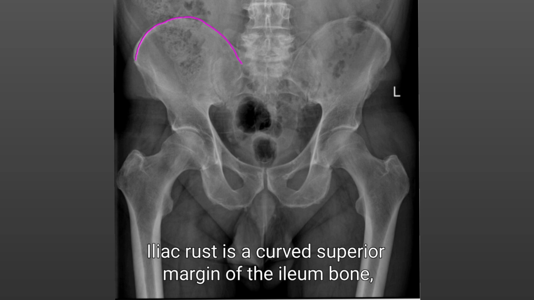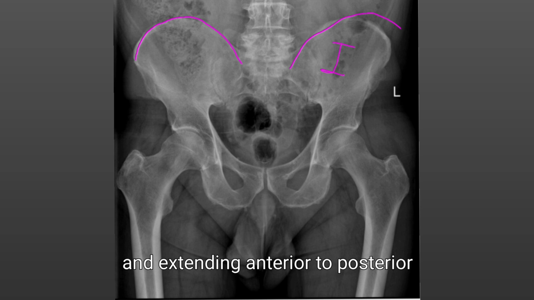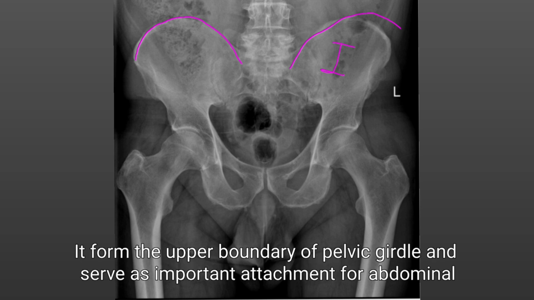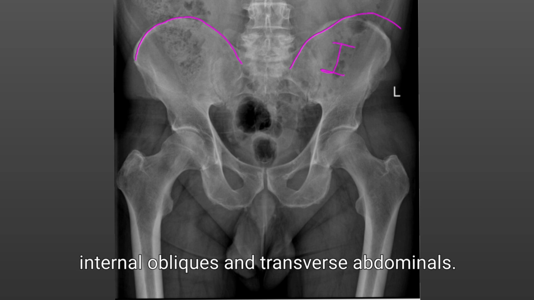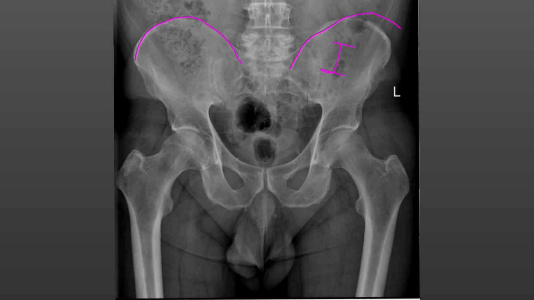The iliac crest is the superior margin of the ilium bone, extending from the anterior to the posterior aspect of the pelvis. It forms the upper boundary of the pelvic girdle and serves as an important attachment for abdominal muscles such as the external obliques, internal obliques, and transverse abdominis.